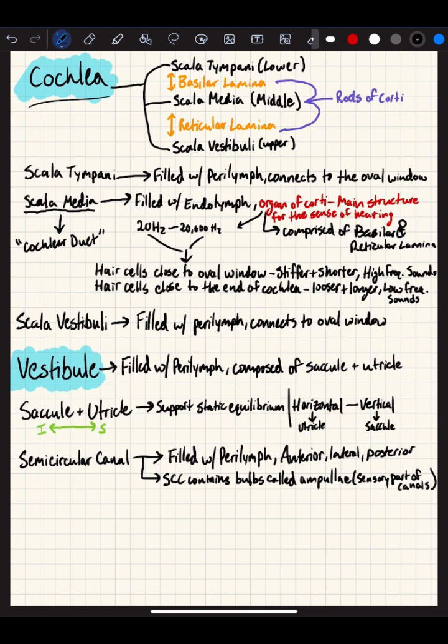And these ampullae, as the diagram showed, contain cristae ampullaris, which is the full name. And basically what these house are the hair cells. It all boils down to that simple thing. It's like the binary code of biology.